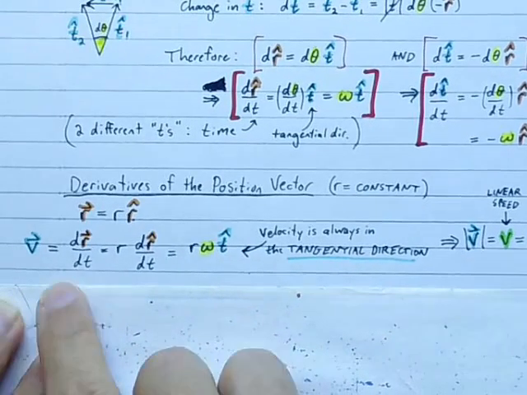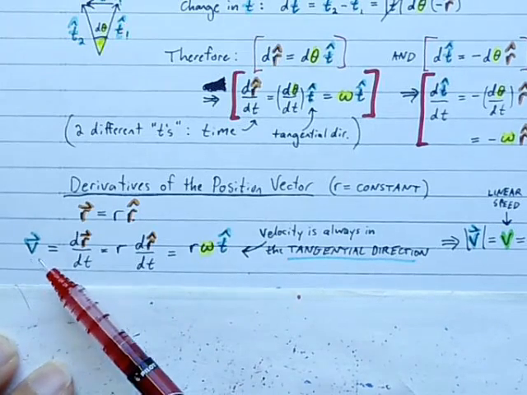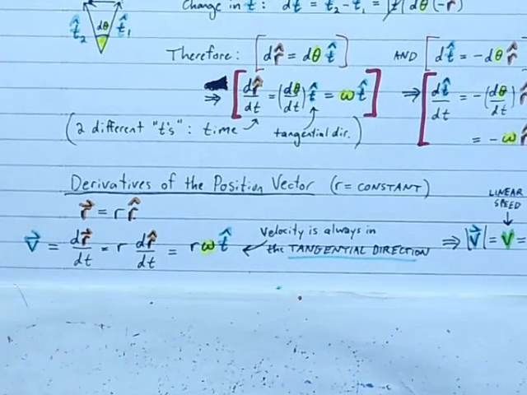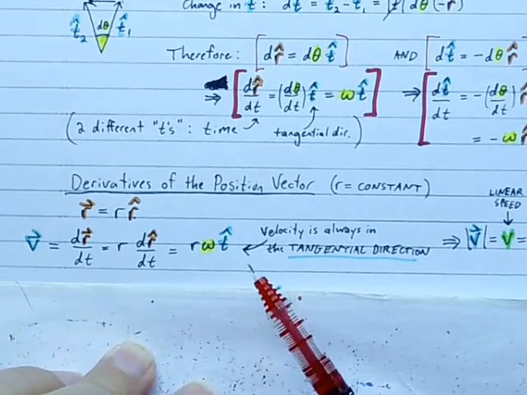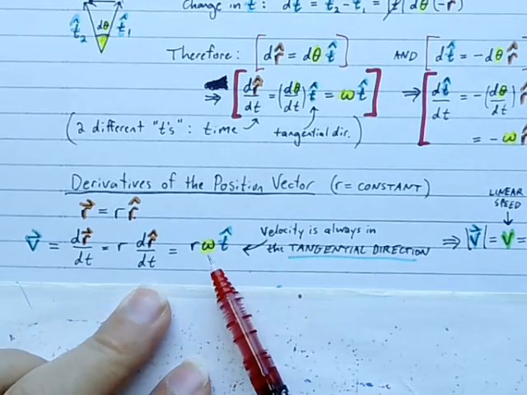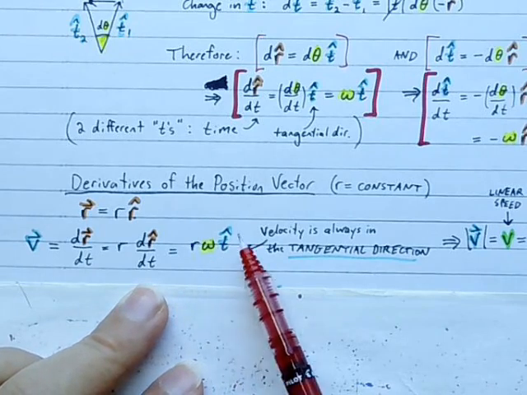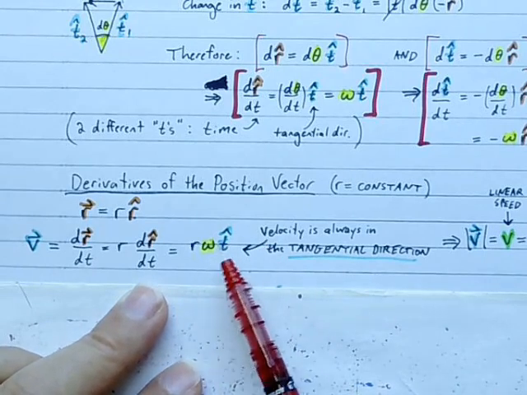Okay, let's now take the derivative a second time. Let's take the time derivative of our velocity vector. Okay, so we're going to take the time derivative of this quantity here. And since r is constant, but omega could potentially change with time if we were speeding up or slowing down, and of course our t hat vector changes with time, we're going to need to use the chain rule in taking the derivative of this quantity.